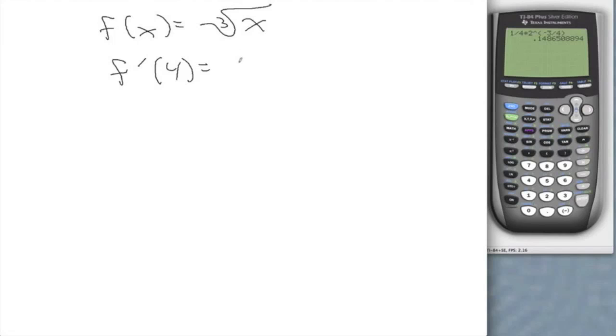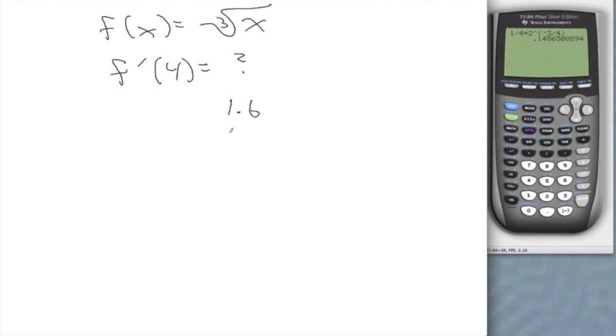So let's try this problem. Okay, 1 second. 1.6. 1.6?